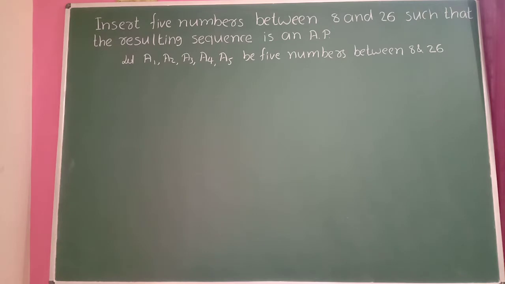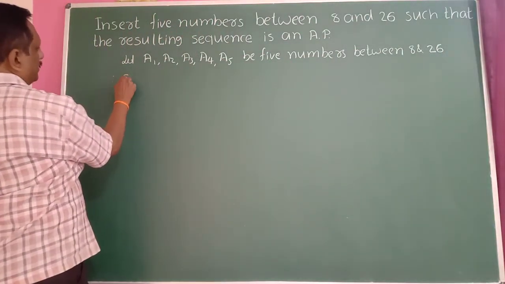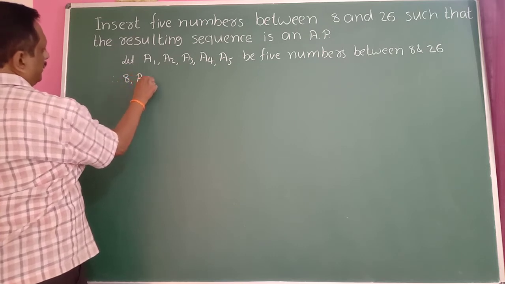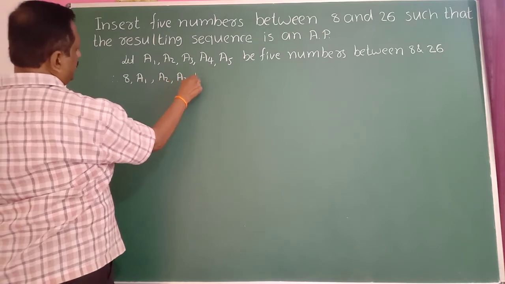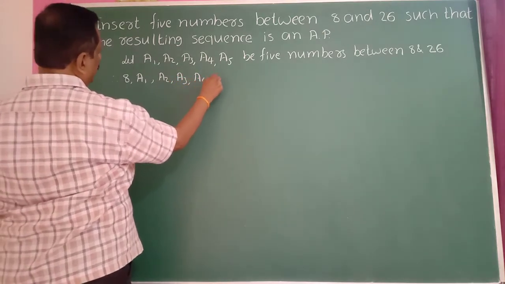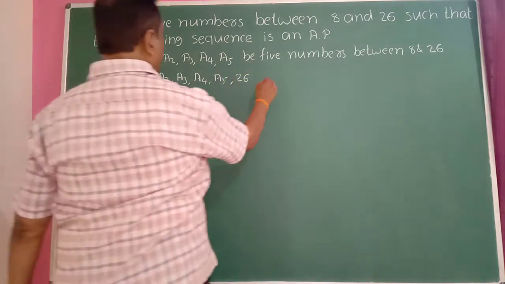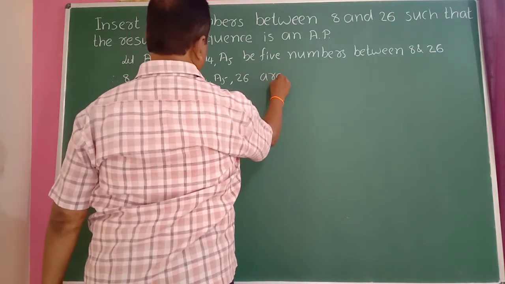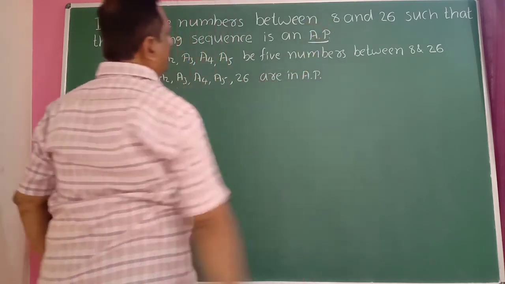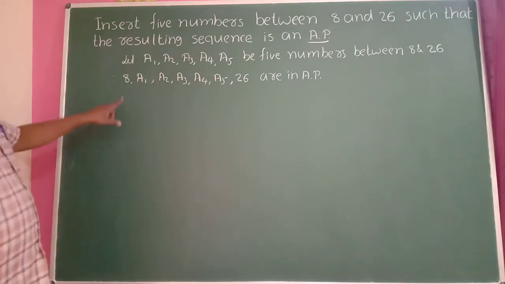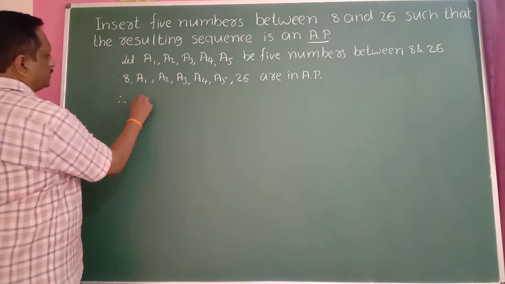Therefore 8, A1, A2, A3, A4, A5, 26 are in AP. They are already given to be in AP. Therefore, the first term is 8, so a is equal to 8.